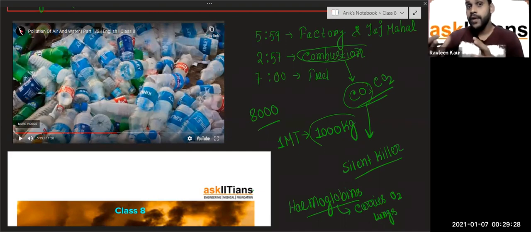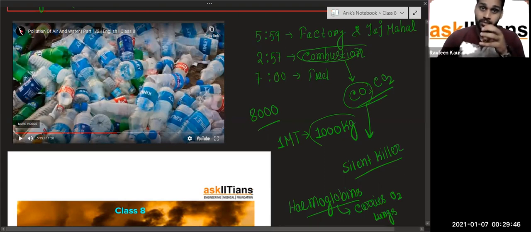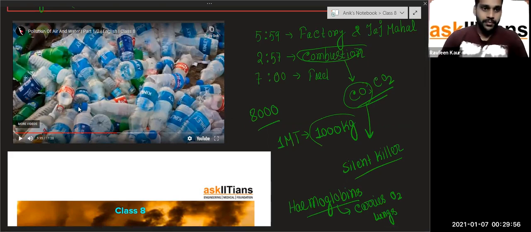For that reason, you would die within half an hour or a few hours, and you would not be able to know what is happening to you. So for that reason, we call it silent killer. This is what can happen to you, and I think you can now understand the main reason why we are reading this chapter, isn't it? Now, let's continue.